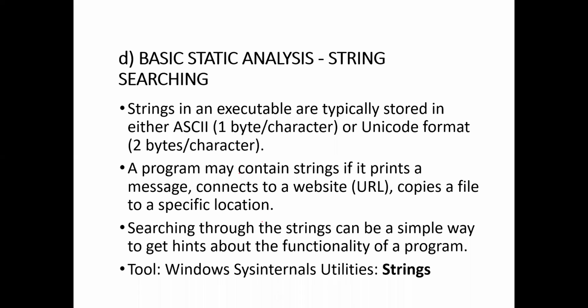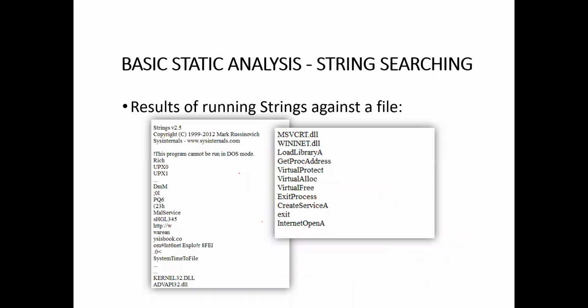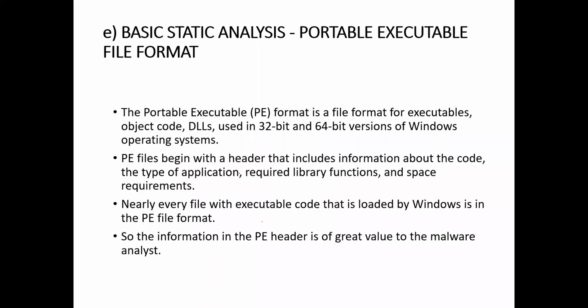For example, we can use tools like the Windows Sysinternals utilities, like Strings, to give us this feedback about these string searches. They're giving us an example of what some of this software would do. It runs and returns the different kinds of strings of viruses that you will need to go and delete or decrypt as well.